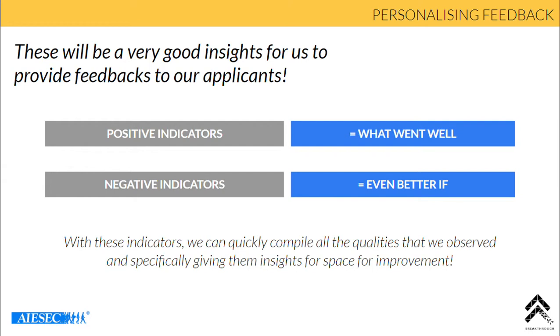It's a very fast process as well: we can compile all the qualities that we observe and give them insight into the space for improvement. The positive indicator is what went well, and the negative indicator is the even better if.